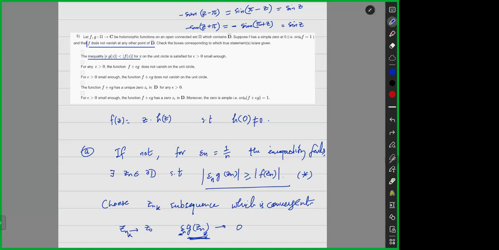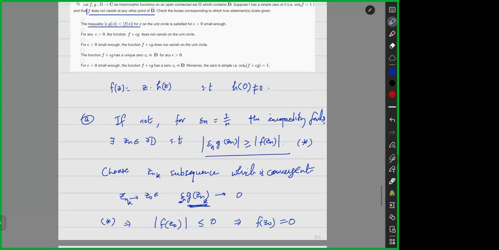It says nowhere else in the unit disc closure does it have a zero, it has a simple zero at 0. The unit circle is part of the closure of D, and z naught belongs to del D, because del D, the circle, is compact, and any sequence inside it that converges converges to a point lying inside the circle.